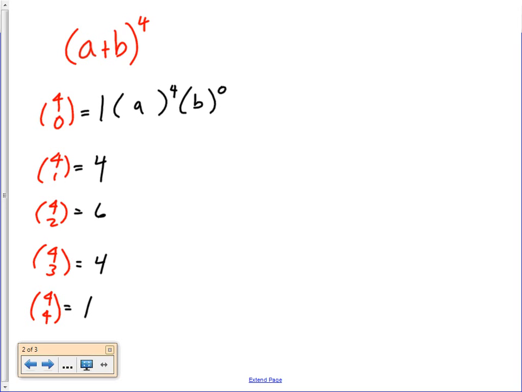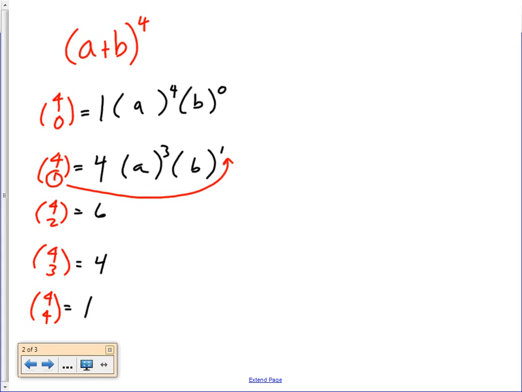It's a to the third. 4 minus 1 is 3, b to the first. Whatever number that is right there, whatever number is right here, you take and put there.